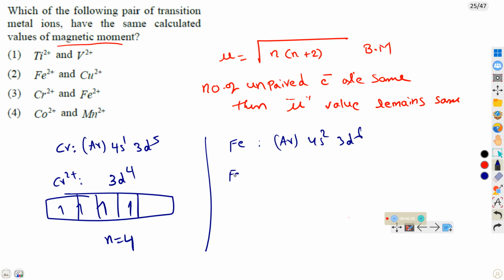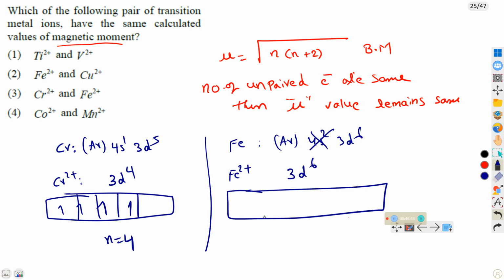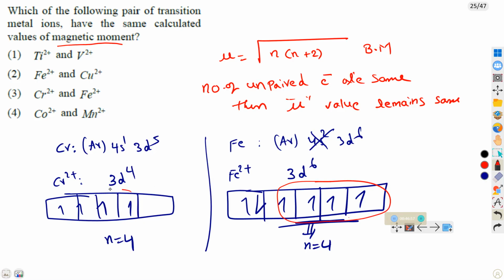Remove 2 electrons, Fe2 plus, then 3d6 electronic configuration. 1, 2, 3, 4, 5, 6. Number of unpaired electrons is equal to 4. Unpaired electrons remain the same in both cases. So mu value you will get 4.90 in both cases.